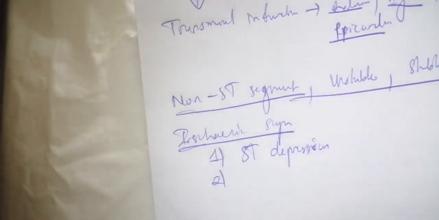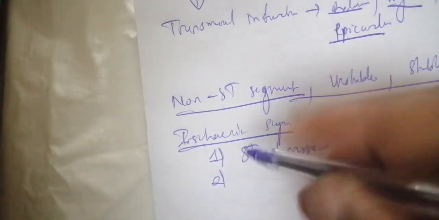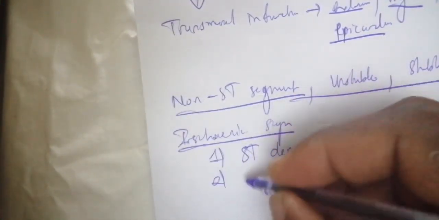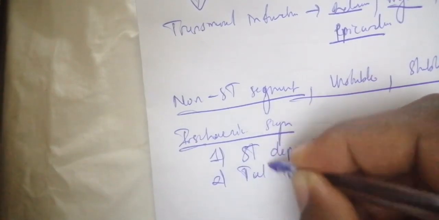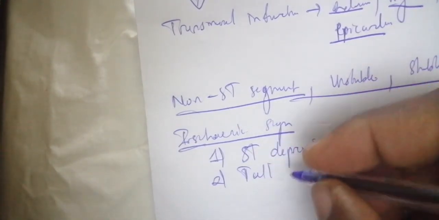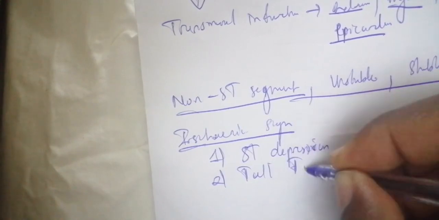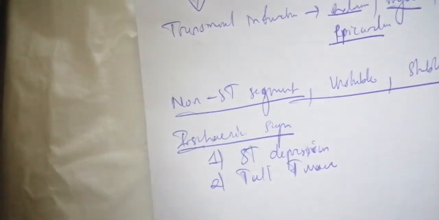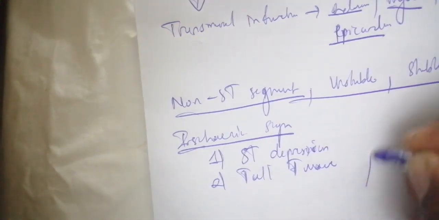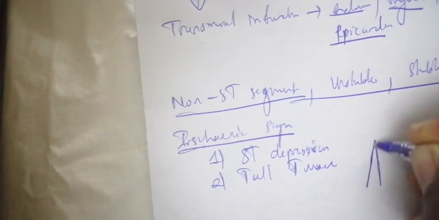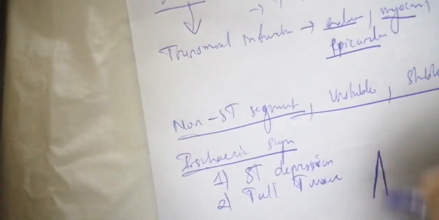After ST segment depression, the next point is that you are going to have a tall T wave. It is not peaked, it is just a tall T wave. The difference between this tall T wave and the tall T wave in hyperkalemia is that in hyperkalemia it is going to be peaked. Peaked means it's going to have a pointed apex, a pointed amplitude.